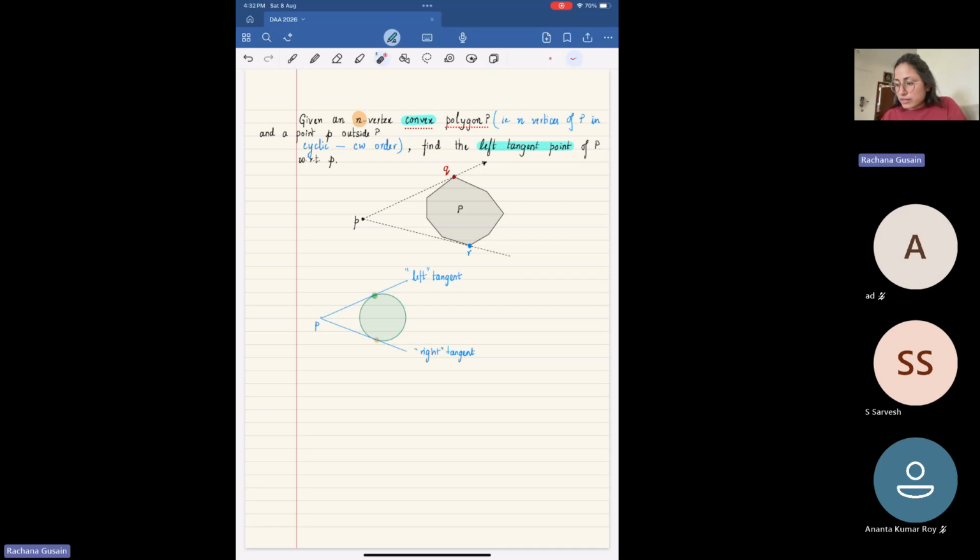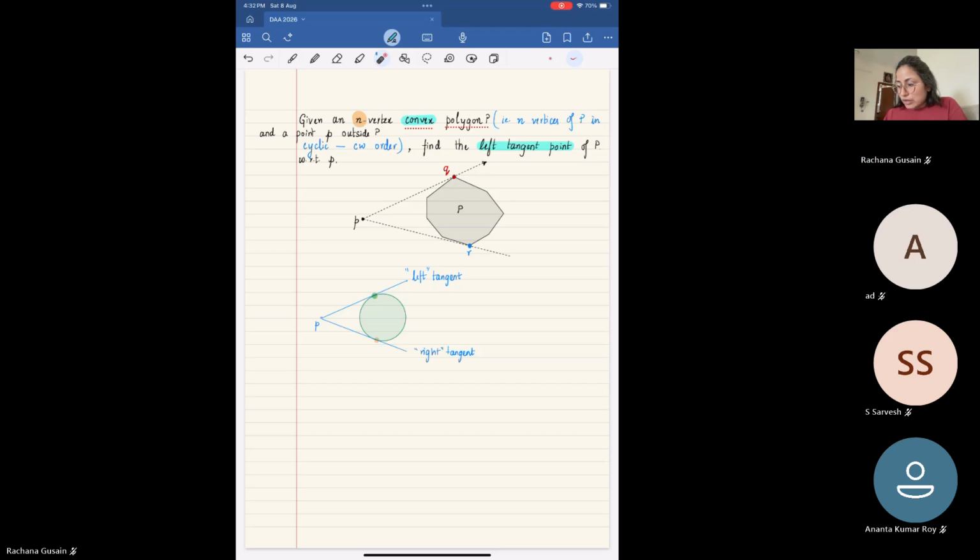And if you can design an algorithm which can find Q, you can use that same algorithm, just tweak it a little bit, and you'll be able to find R as well. Okay, so the goal is to find Q.